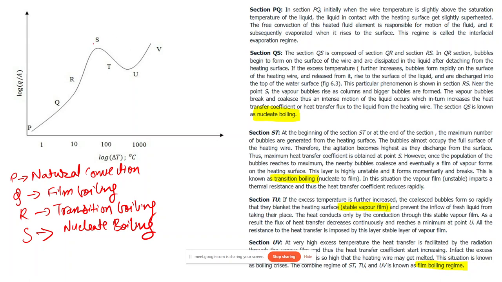Here we have this boiling curve in much detail, in which there are different sections P, Q, R, S, but the alphabetical order is different, and we have to arrange them in order.